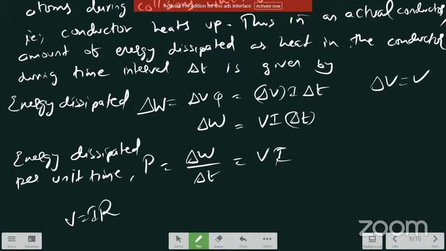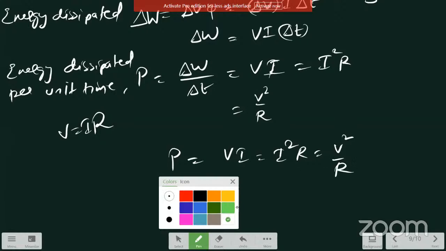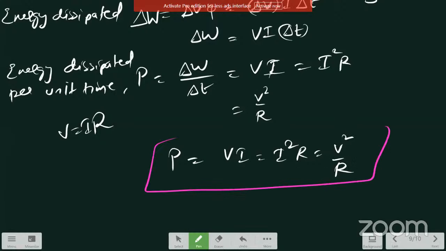If this is a conductor, across which the potential difference is V and the resistance is R, then in place of V I can put IR and I get I square R. Or in place of I I can put V by R, and I will get V square by R. So basically we have three forms for the power dissipated formula: VI, I square R, or V square by R. You can use any of them, depending on the question. Got it?